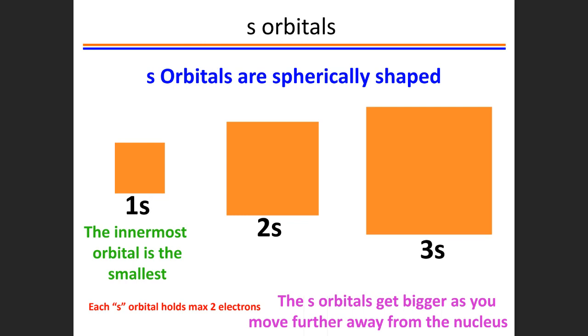The first shell can hold a maximum of 2 electrons, the second shell a maximum of 8 electrons, the third shell a maximum of 18 electrons. If we know the maximum number of electrons on different subshells, then we can easily predict which element will give the electron or which element will take the electron.